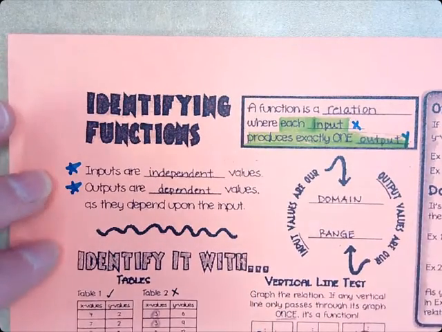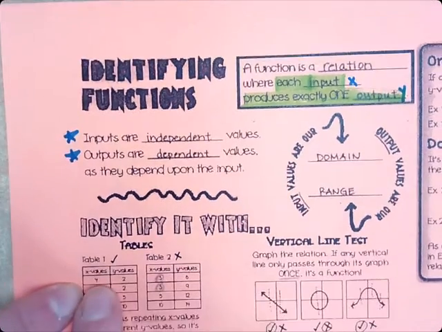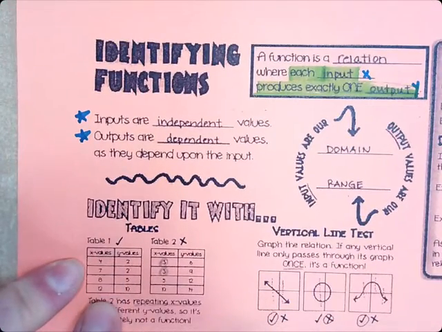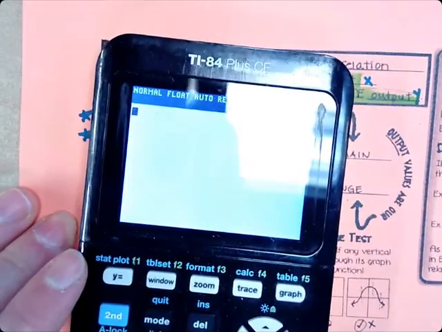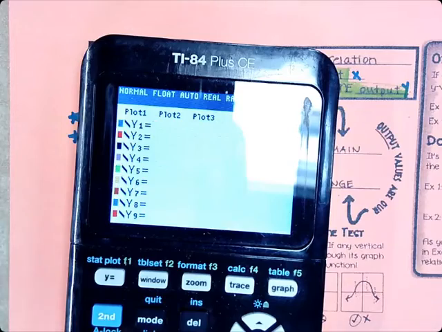Do y'all remember how we do a table? The x value is already set when we look at the table of values on our calculator. Let me set this up real quick. On our calculator, I don't even have anything in y equals.